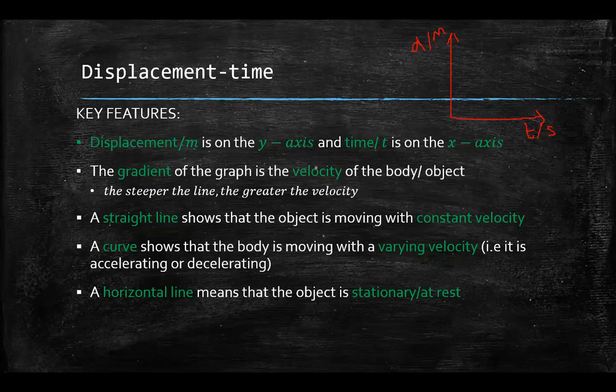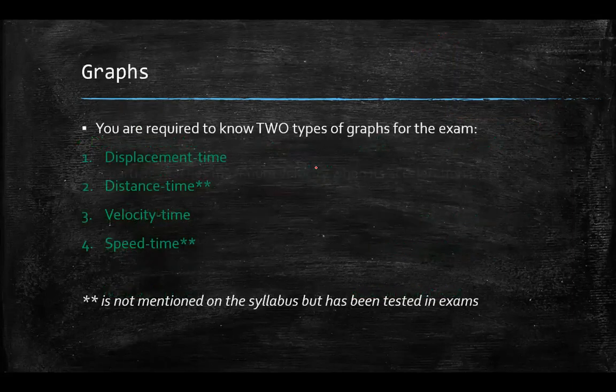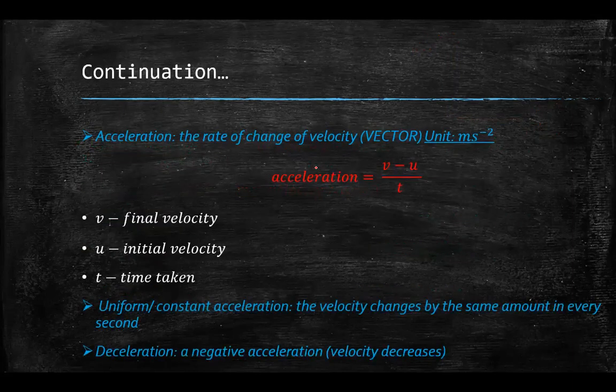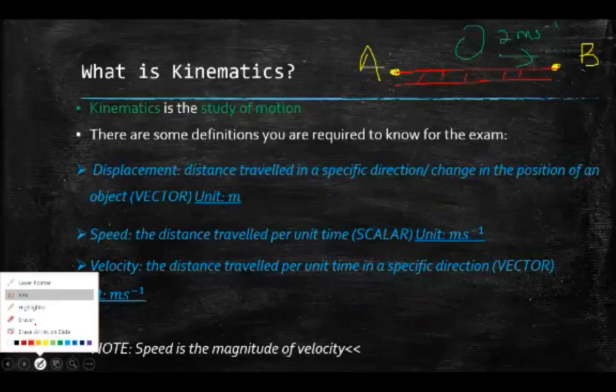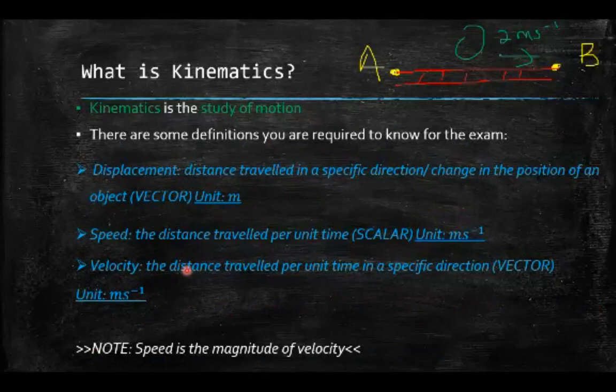Well, if you go back to your definition of velocity, let me go back to the definition of velocity. Anyways, the definition of velocity is the distance traveled per unit time in a specific direction. Okay, what does that have to do with displacement?